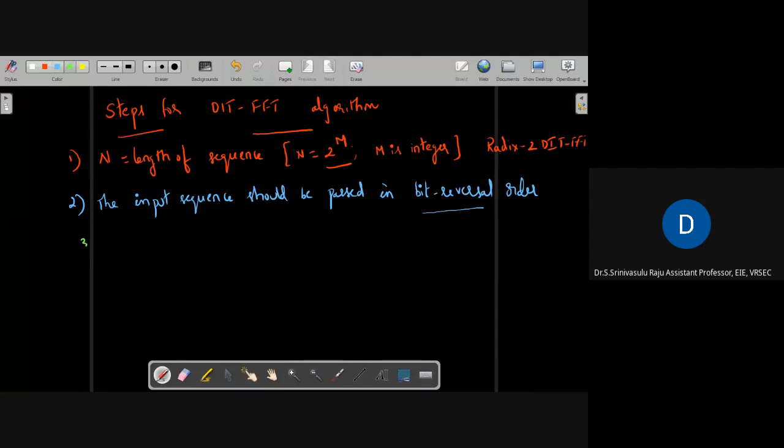And third point is the number of stages in DIT FFT is logarithm N of base 2. Each stage consists of N by 2 butterflies.